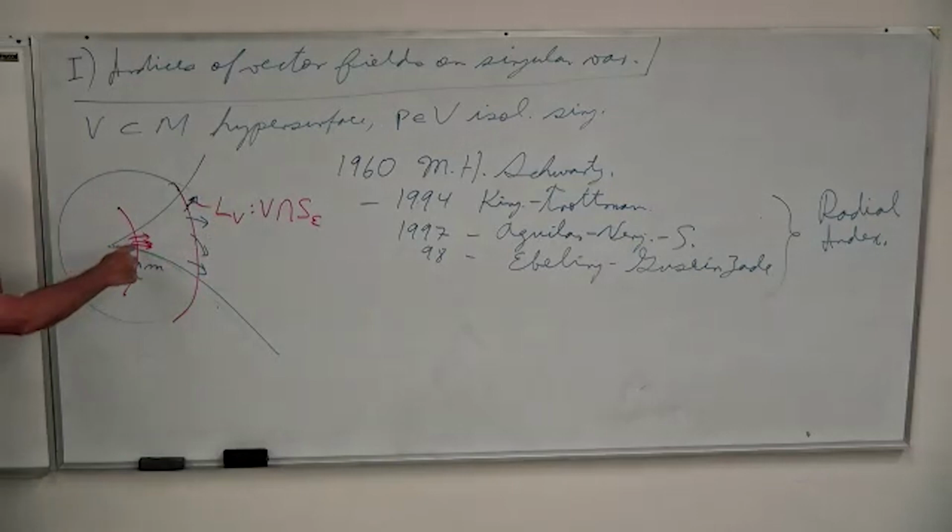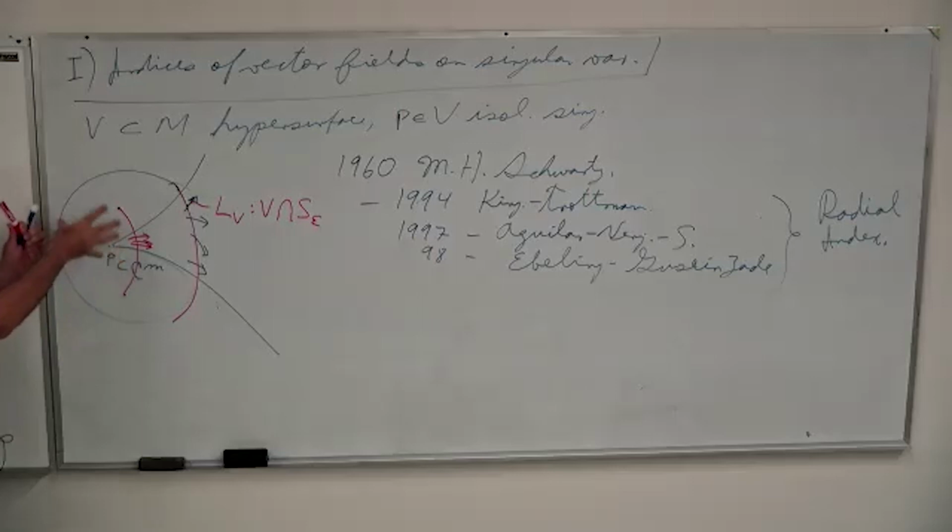By definition, this has index 1. Why 1? Several reasons. One reason is because 1 is the Euler characteristic of a point. Also because if you extend it to the ambient space in a natural way, it is radial in the ambient space, and the local Poincaré-Hopf index of the radial vector field in the ambient space is 1. Okay, so for this one, the radial index is 1.